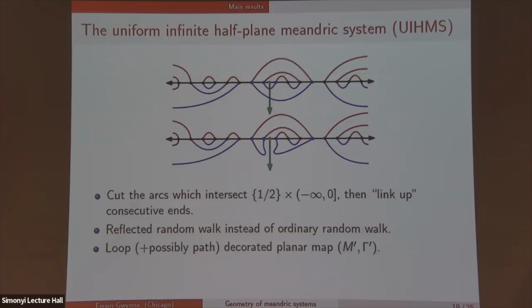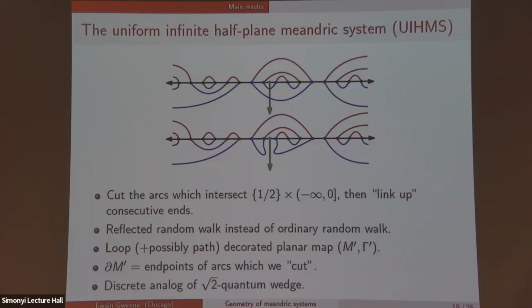Just like in the case of other versions of the meandric system, we can view it as a planar map decorated by a collection of loops and possibly by infinite paths. And for LQG people, this can be thought of as the meandric system analog of the square root of 2 Liouville quantum gravity wedge.